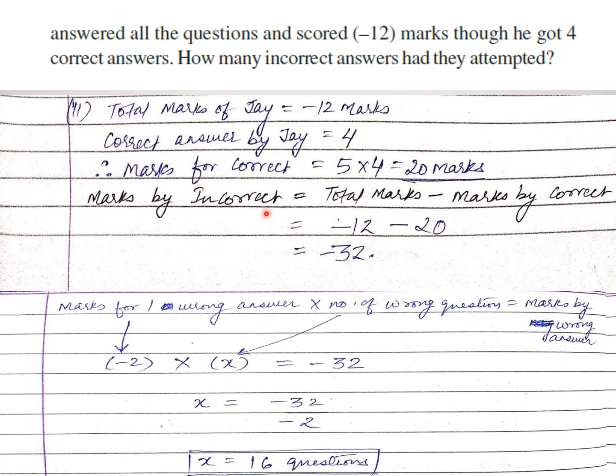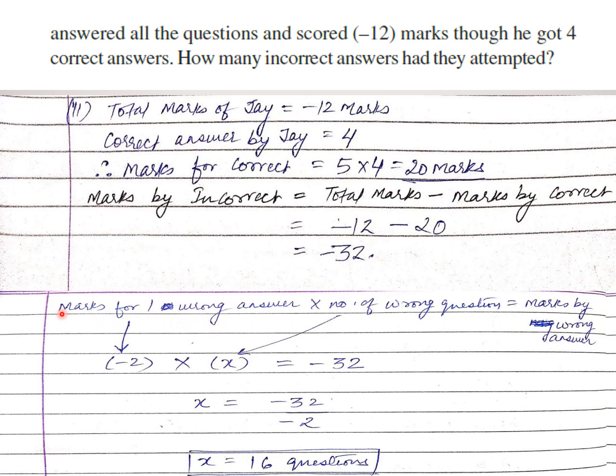Now we have found the marks, but we have to find how many incorrect answers. For that, we must understand where it came from. It came from marks for one wrong answer into the number of wrong questions.